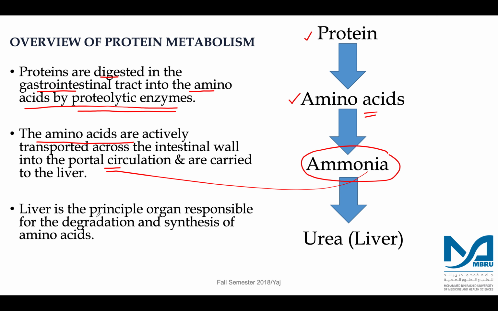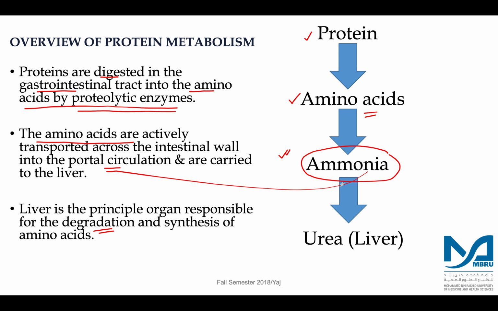Now, the liver is the principal organ responsible for degradation and synthesis of amino acids. So once these amino acids are degraded, they produce ammonia, mostly in the liver, but also to some extent in the other tissues. In our lecture, we will focus on transporting ammonia from the brain and from the muscle.